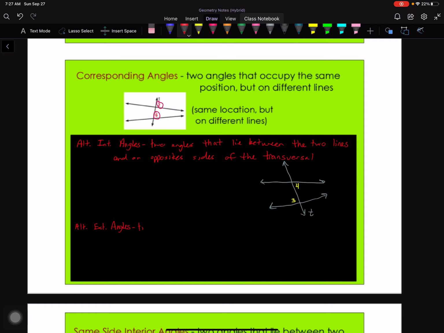So two angles that lie outside the two lines. Again, they also have to be on opposite sides of the transversal.